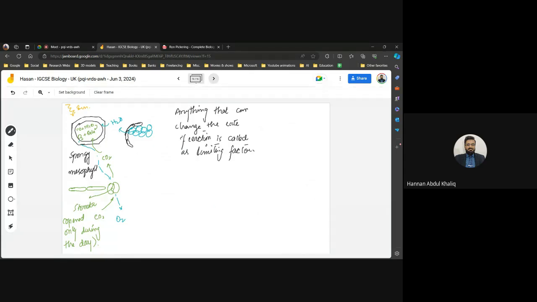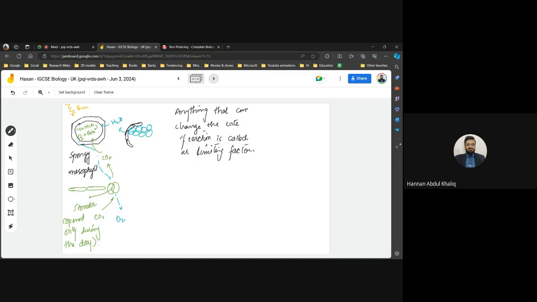So basically, let's come up with examples of limiting factor. Suppose that the fan is working and the voltage is interrupted from the main source, from the grid station.